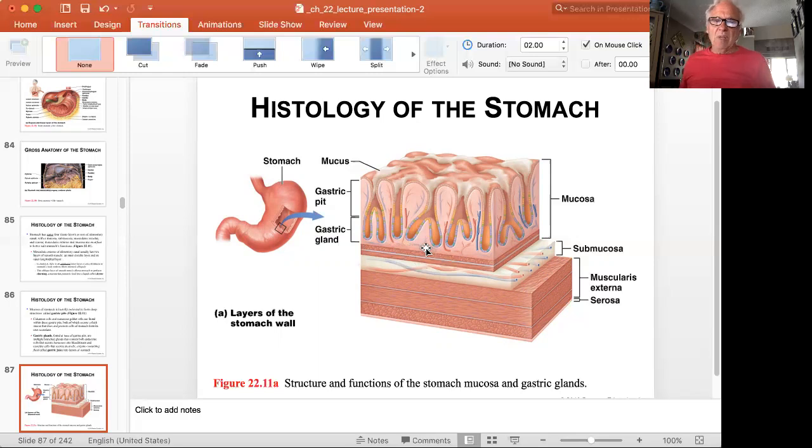And the epithelium in the stomach, remember, is columnar epithelium. We have gastric glands and gastric pits. In the mucosa, that region right there is the gastric gland, and that's the gastric pit.